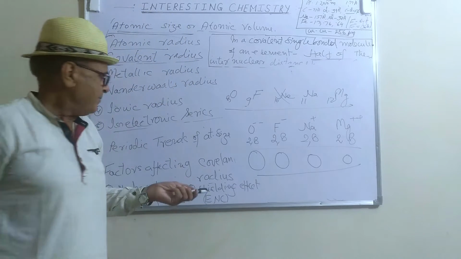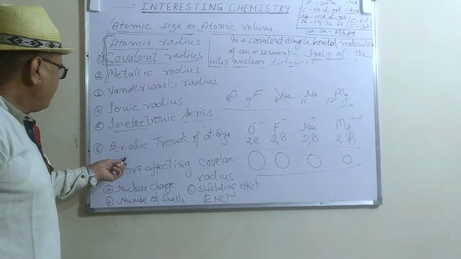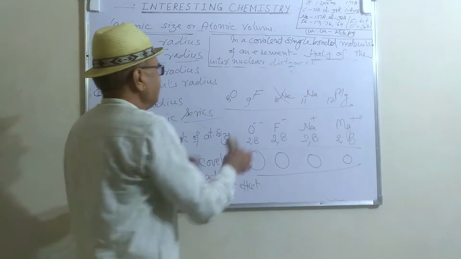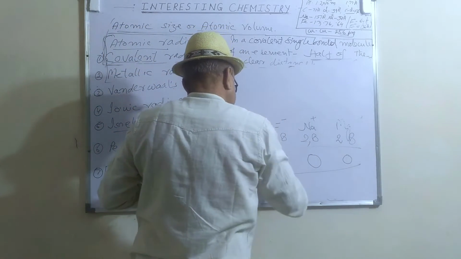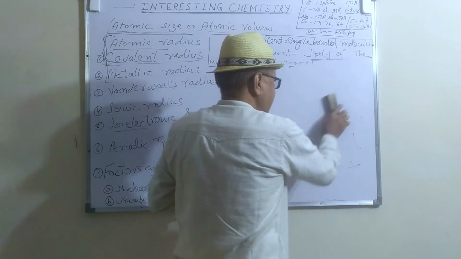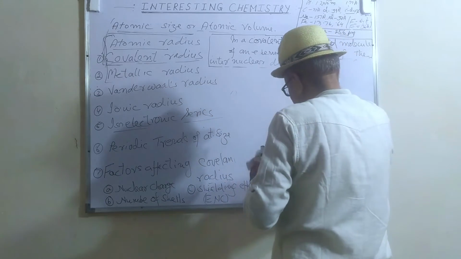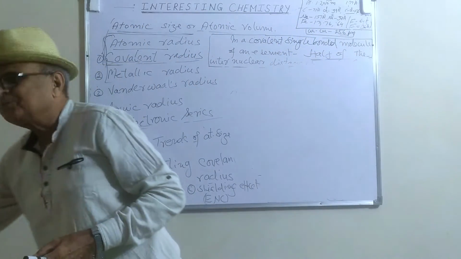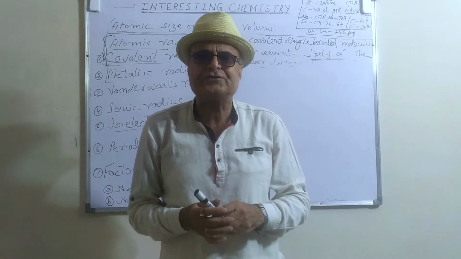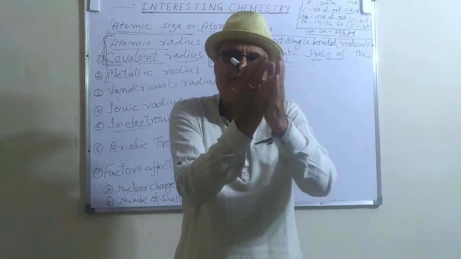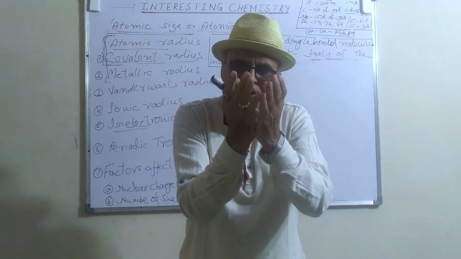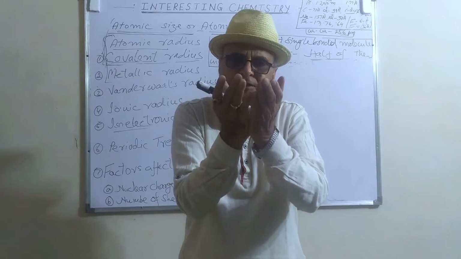So now come to the next topic, periodic trends. Now I am telling you the periodic trends. What do we mean by periodic trends? In the periodic table, the properties of the elements change with some special patterns, with some special trends.